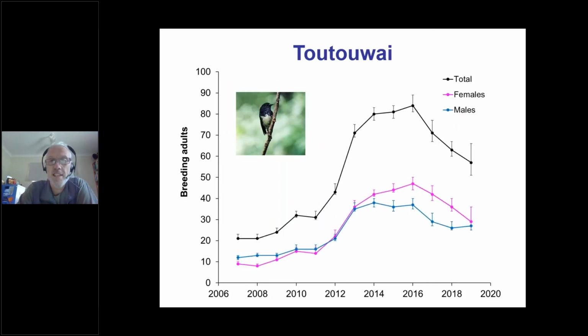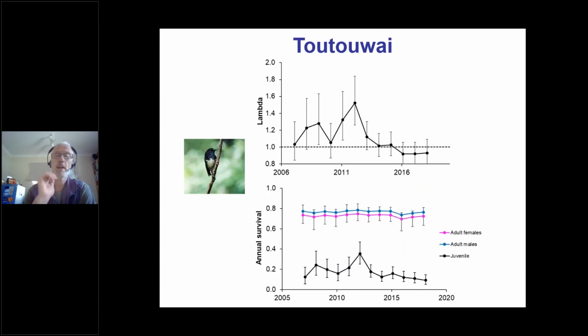These data are quite interesting. If you look at the trend, and this is the total number of breeding adults each year from 2007 up to 2016, it looks like it's going up, reaching a carrying capacity, and perhaps then falling after the stoats arrived. If you look at the vital rates, you get a more complicated picture.